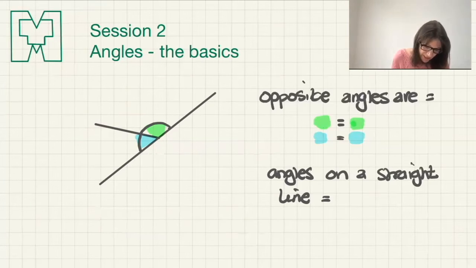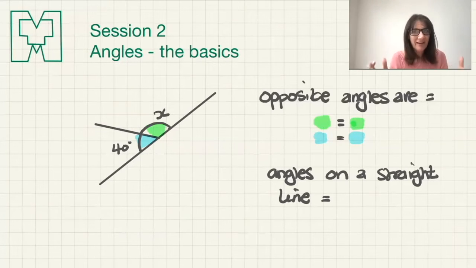If this angle here is 40 degrees, this angle here, which I'm going to call X because I don't know what it equals yet, will take a specific value because those two numbers have to add up to, I haven't said it yet, have I? Do you know? It's going to add up to 180 degrees. That's my magic number.